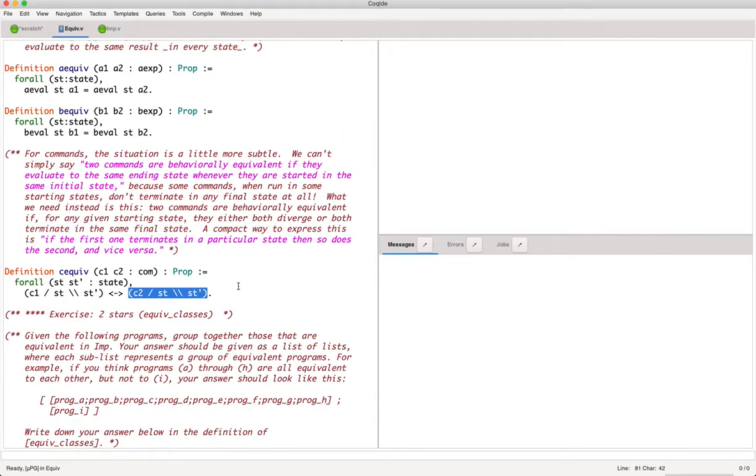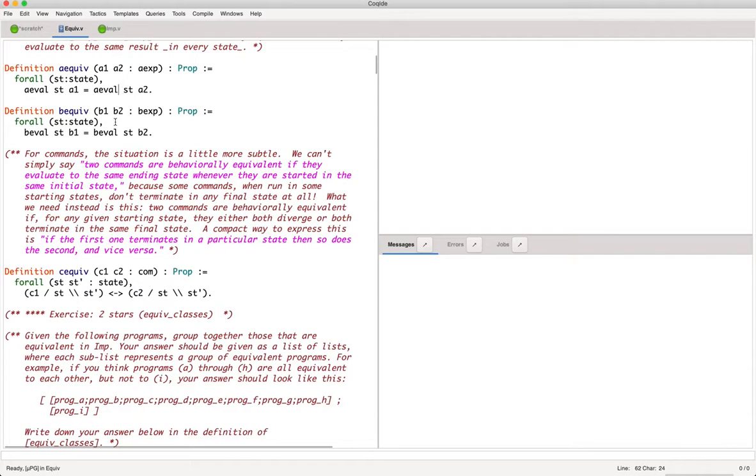And then we can say they're equivalent sort of vacuously, because there are no states ST and ST prime where this holds. So it holds for every possible state that this is true for. Okay, so that's the difference.